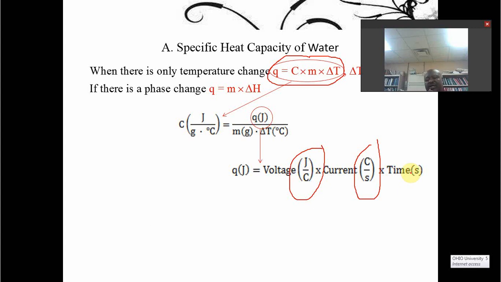Supply a certain amount of energy that we can calculate, and so know the number, and then measure the temperature change. And we'll be adding that amount of energy to a known mass of water, and then we're good to go.